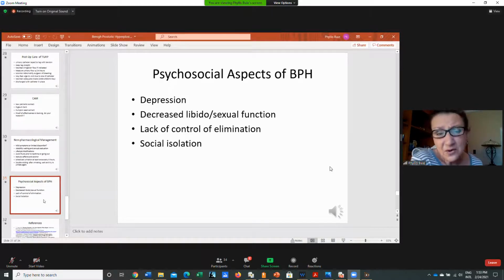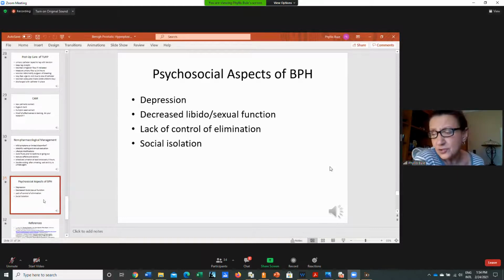They may be embarrassed to discuss this condition with their physician or the nurse. They may feel like they have a lack of control of their elimination, and they do sometimes, because if they're incontinent, they can't help that. Then they're going to have to use the adult Depends or something like that, and that may make them very self-conscious.